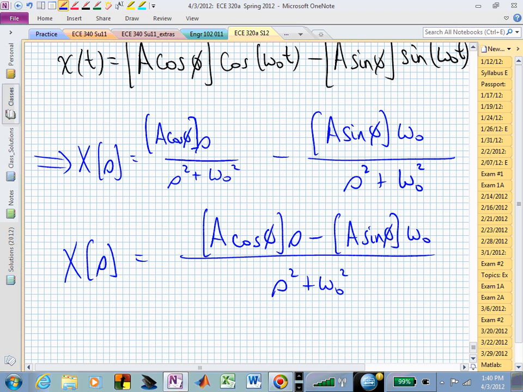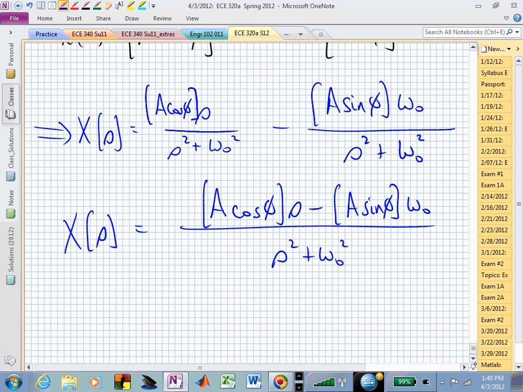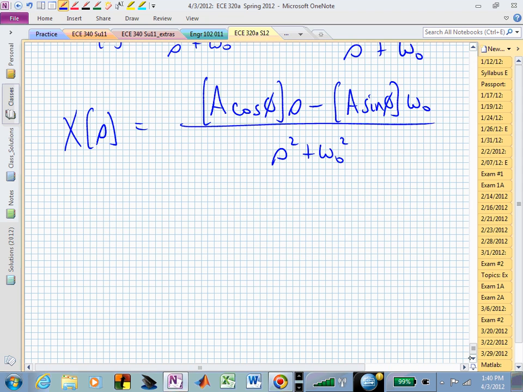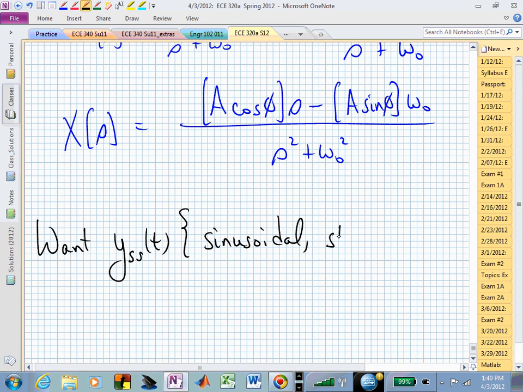And if we want the sinusoidal steady state, we could find the complete solution by hitting our system H of s with this input X of s and then inverse Laplace transform. But we don't want the total solution, we just want the sinusoidal steady state solution, which I am labeling little y sub SS of t, our sinusoidal steady state output response.